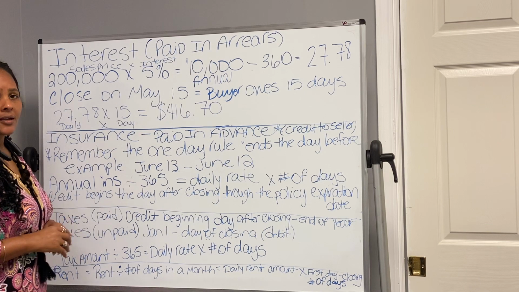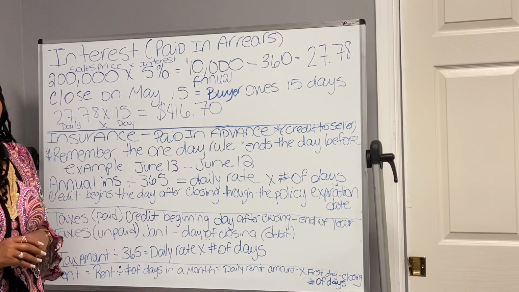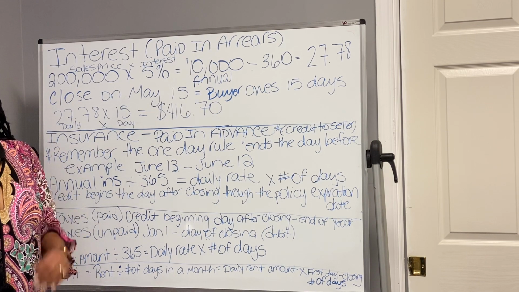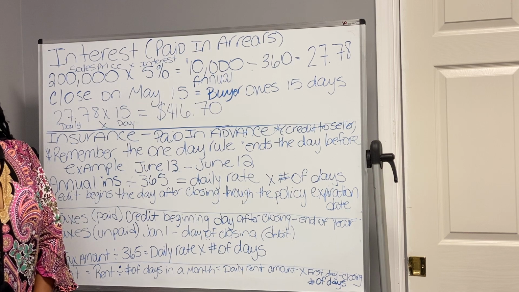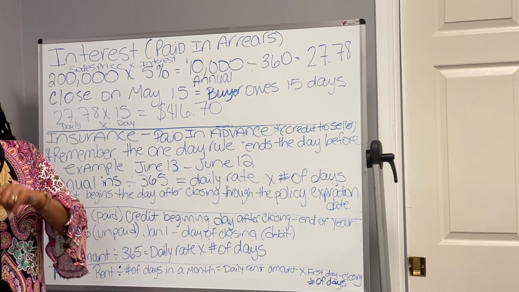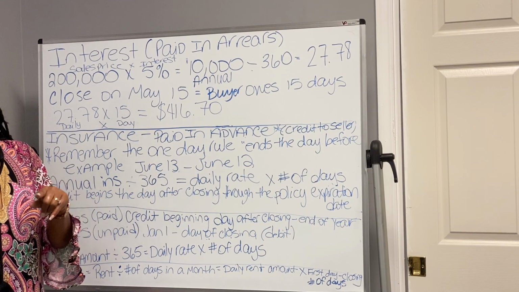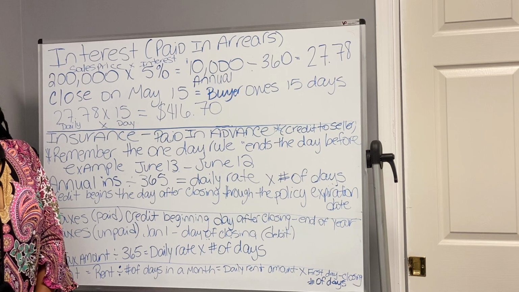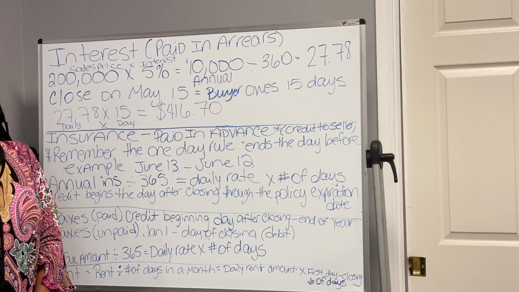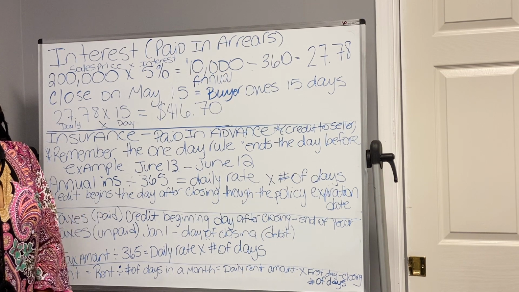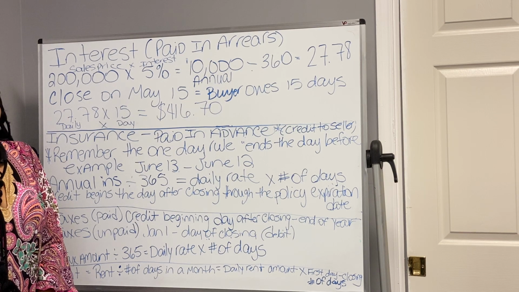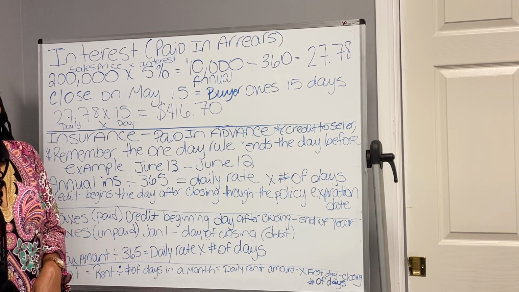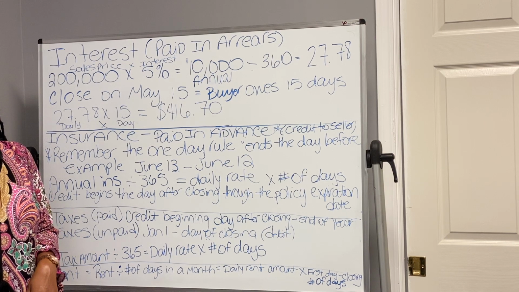I'll give you an example. If the policy starts on August 1st, 2019, it will end on July 31st, 2020. If the policy starts on February 1st, 2019, it will end January 31st, 2020.